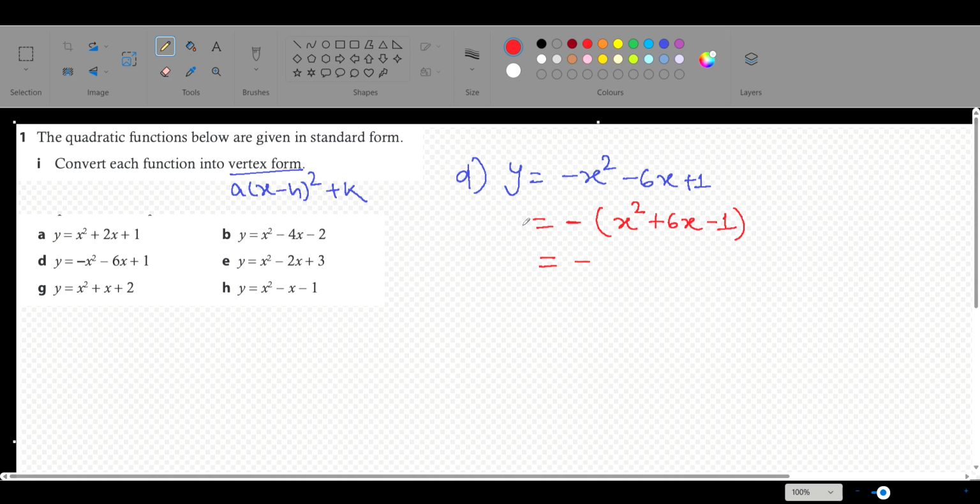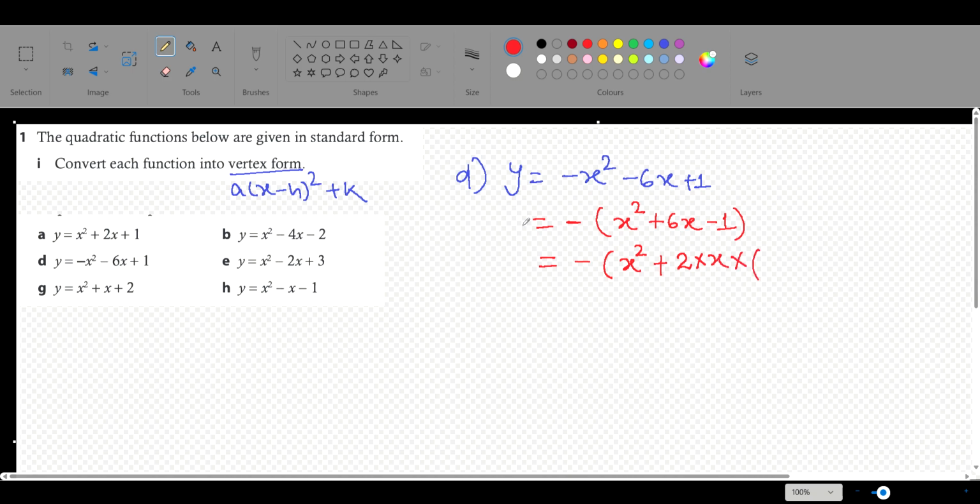So now I'm going to work inside the bracket as usual. My first term is x square and my second term is 6x this time. So according to the rule, I need to break that into the form of twice of a times b, which is twice of x times b.